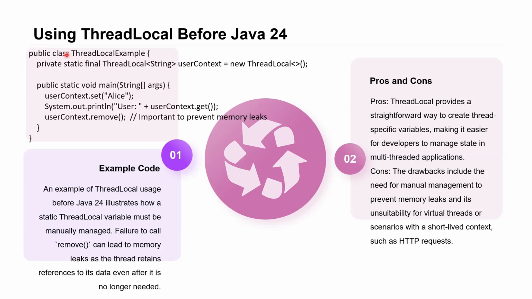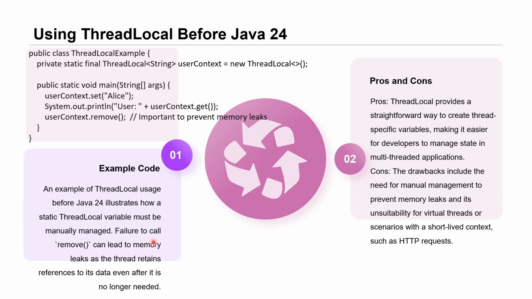Here we see that using this new ThreadLocal we have created this context, and here in the main we are setting this value and then printing the data, and finally we need to remove this, so that it prevents memory leaks. Okay, this ThreadLocal usage is from before Java 24. This illustrates how this static ThreadLocal variable must be manually managed.